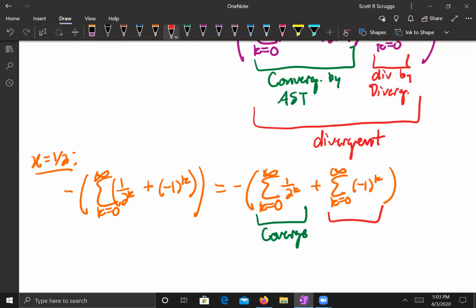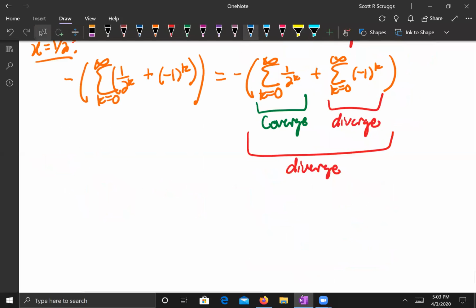That's going to diverge, which means the whole thing will diverge. Therefore, our interval of convergence is -1/2 to +1/2, not including the endpoints.